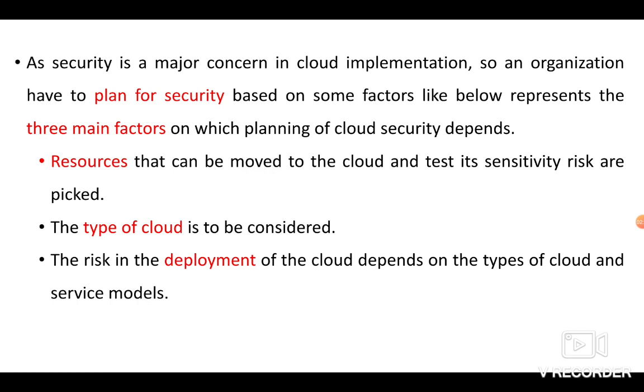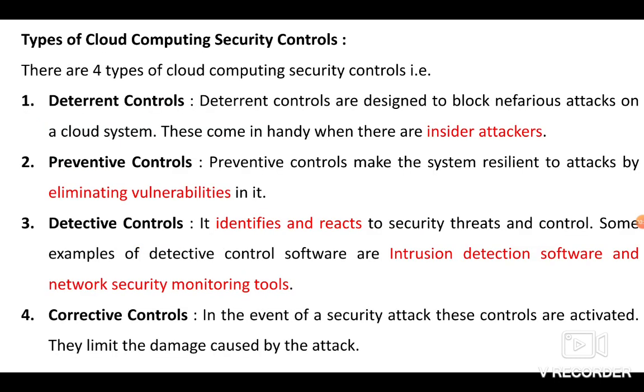All should be evaluated first. Then the type of cloud we are using also affects the security. The risk in the deployment of the cloud depends on the type of the cloud and the service model we are using. So the three main factors which are very important while planning cloud security are the resources, the type of cloud and the deployment of the cloud.